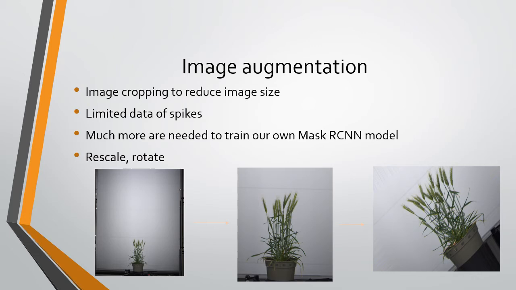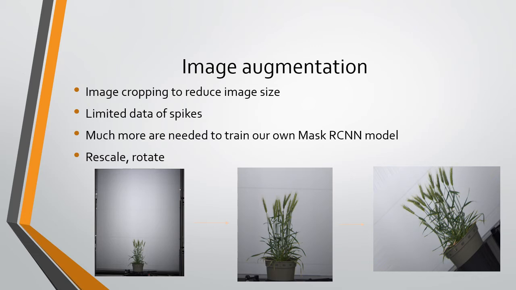But a consequence of this is that we have a limited amount of spikes. What I mean by this is each plant only has a set amount of spikes, and we were given a set amount of plants to work with because all the plants are gathered from the phenotyping facility.